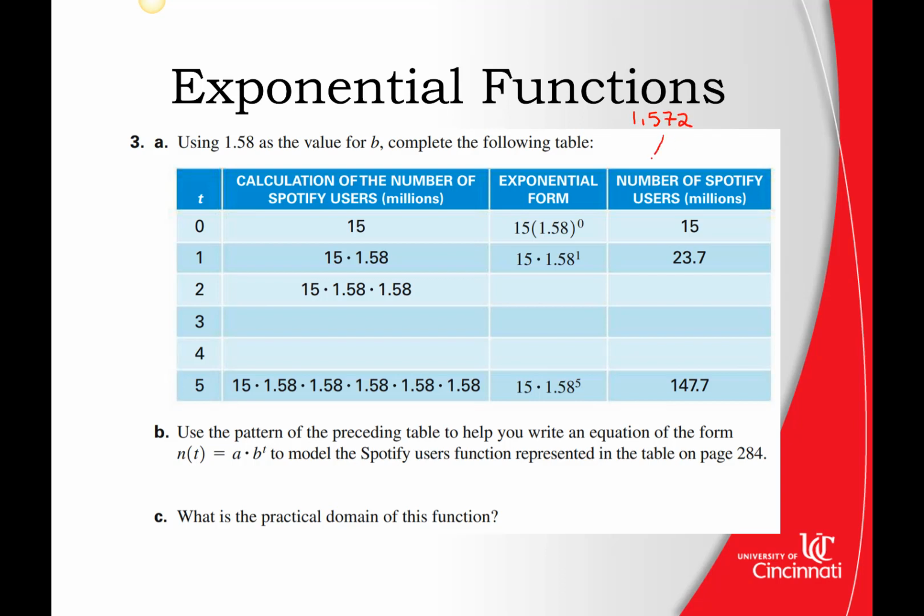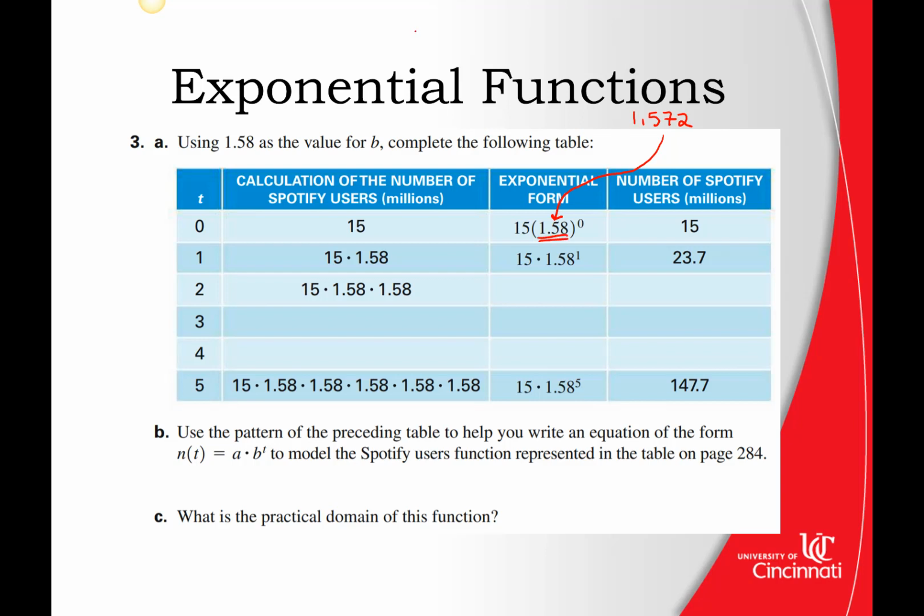What they've done here is they've rounded it off to 1.58. Okay, they've used a little more data, but what they wind up with is about the same as what we got, isn't it, for that ratio. That ratio shows you how things are increasing. That ratio is what you're going to use for your B value.